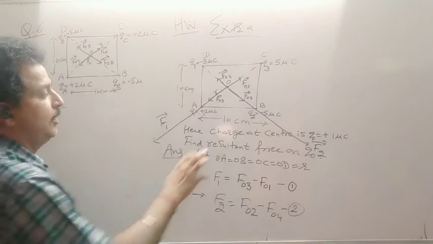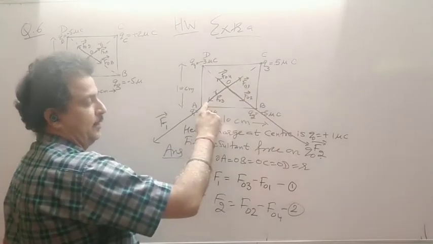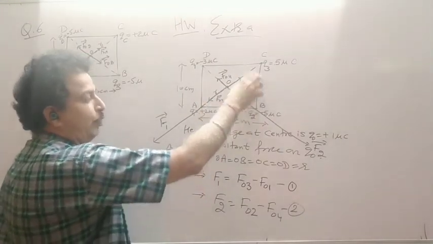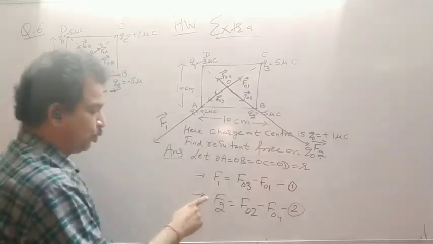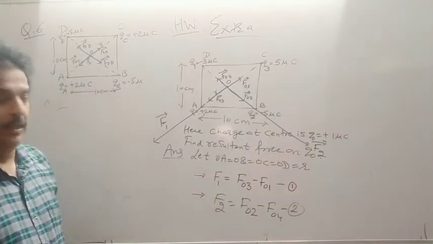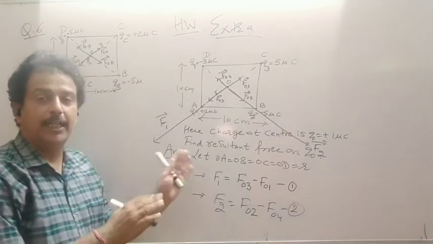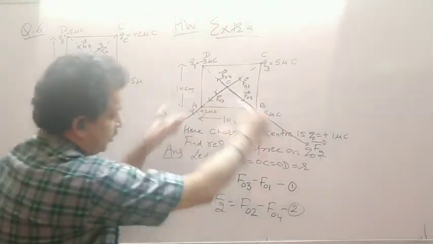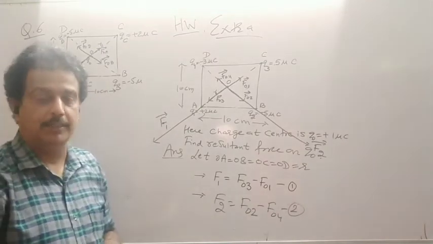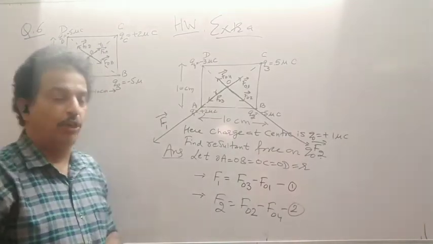So initially we have 4 charges and 4 forces, which is reduced to 2 forces, F1 and F2. Now F1 and F2 have different directions. You cannot add or subtract them because the directions are not opposite or in the same direction, so you have to apply the law of parallelogram.